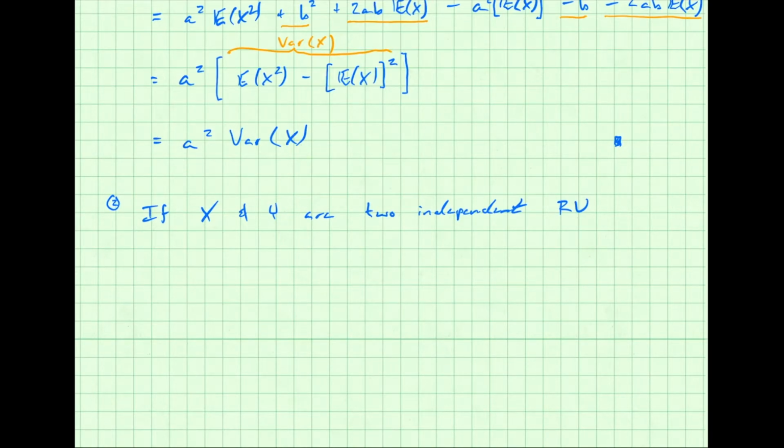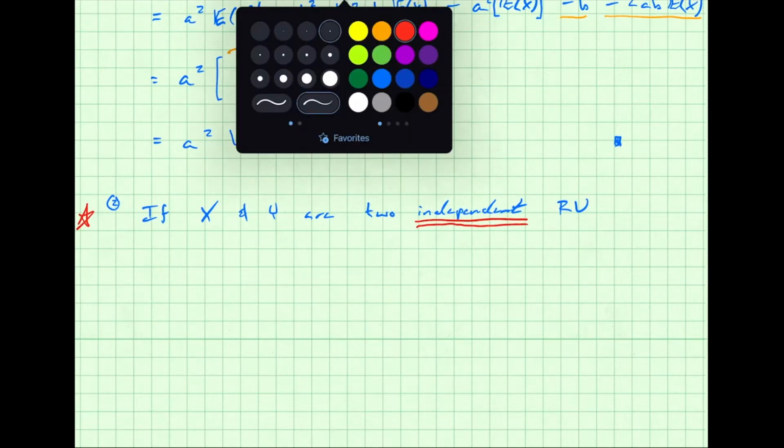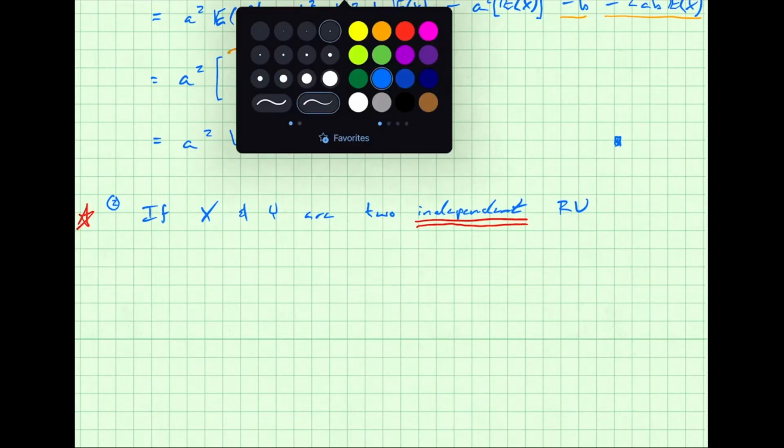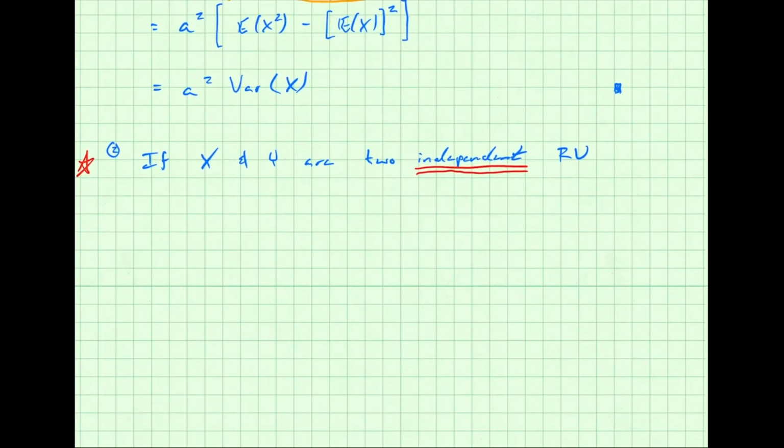What I want to emphasize is that these have to be independent of each other in order for the following to be true. I really can't emphasize that enough, because I don't want you to be looking back at your notes, maybe when you're under duress trying to answer some exam problem, and see this equation and think, that looks like a great equation, I'm just going to take that. You could get yourself into trouble if you did that.